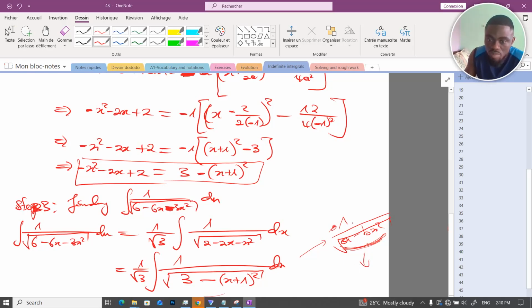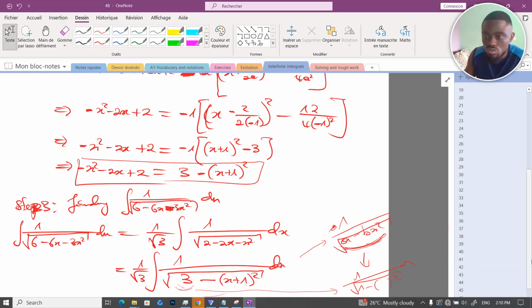So you write this back in the form 1 all over the square root of 1 minus something all that squared dx. You understand? So the first thing we have to do is make this become 1 for it to resemble this. And what will be left outside, we shall bring inside for nothing to be outside. You get what I'm saying?